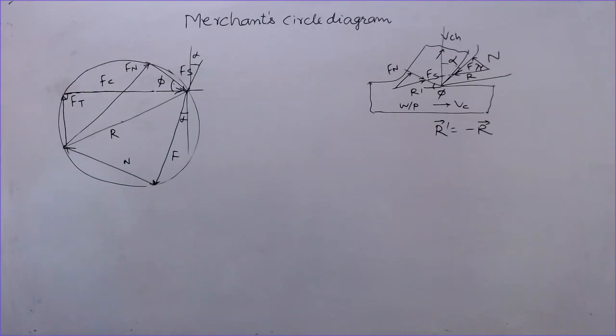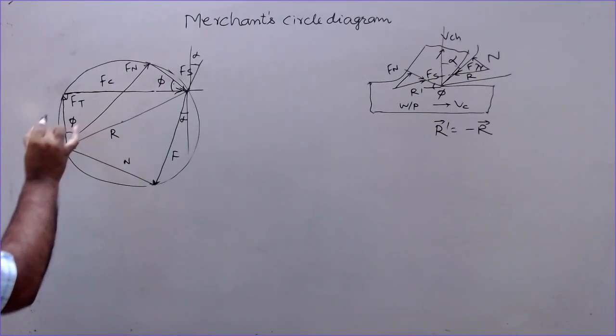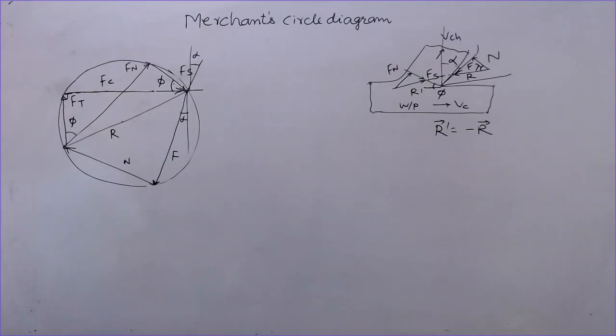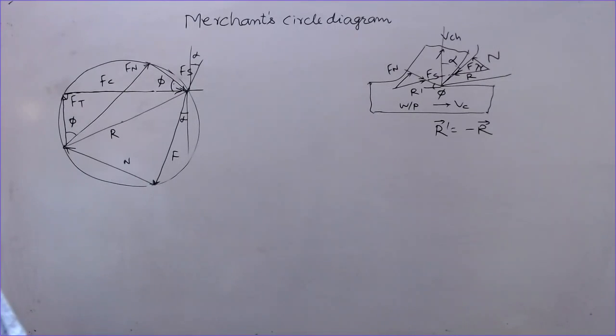They are perpendicular to each other. So this angle is phi. By the rule of a sector of a circle, the same segment in a circle will have the same angle included. This will also be phi. This is phi. This will also be phi.